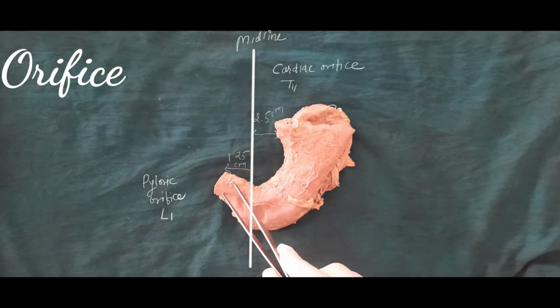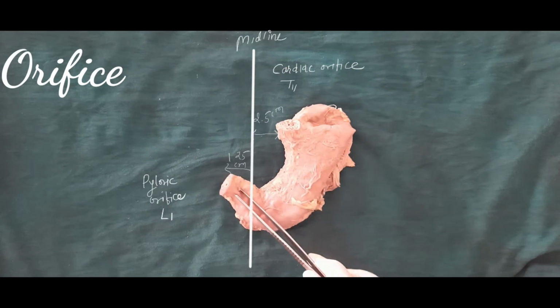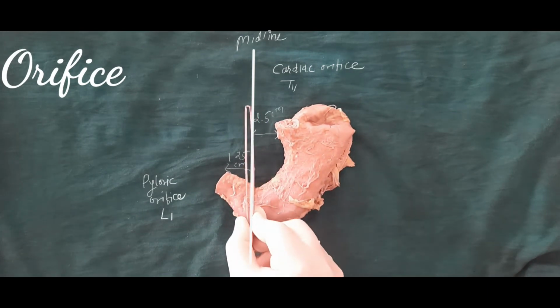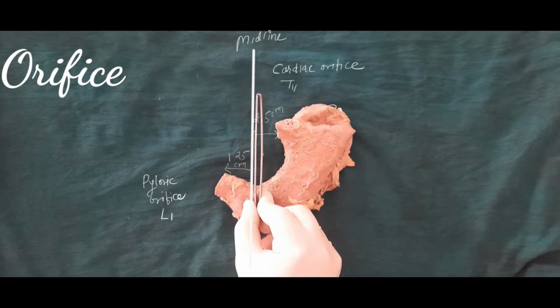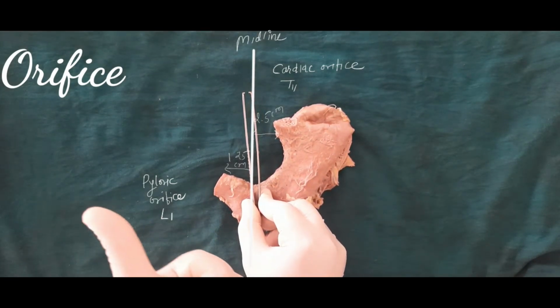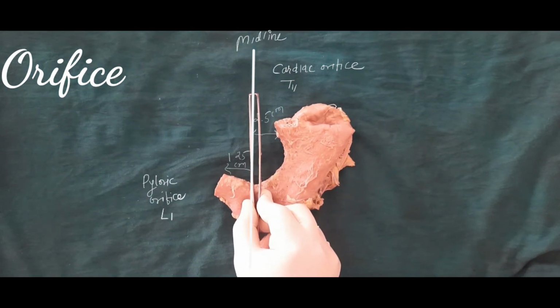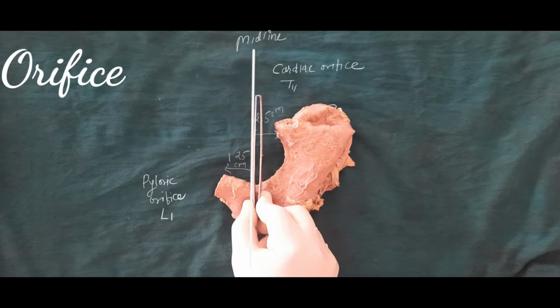The other orifice, the lower orifice, is the pyloric orifice. It is situated around 1.25 centimeter towards the right, and it is located at the L1 level.